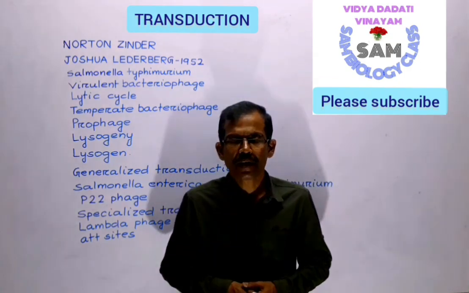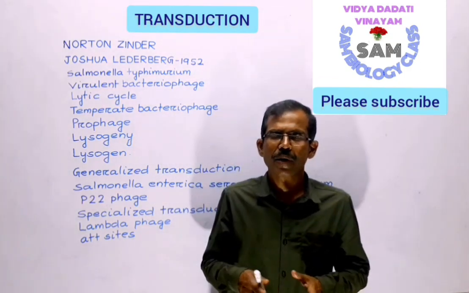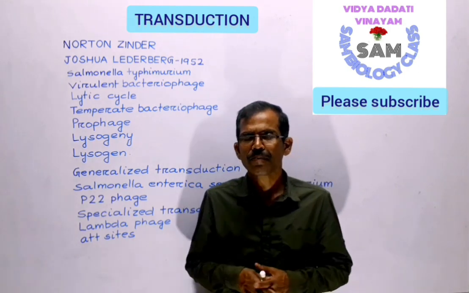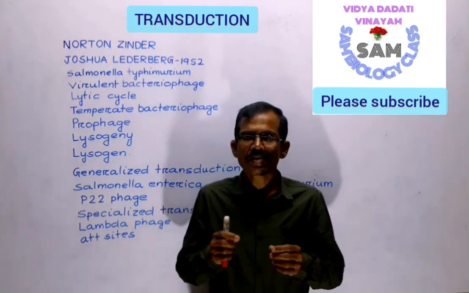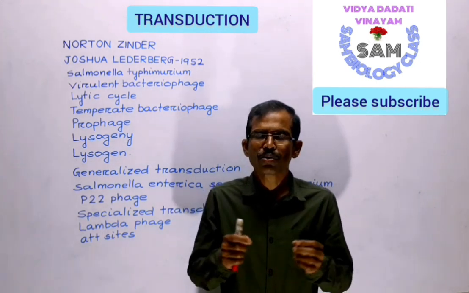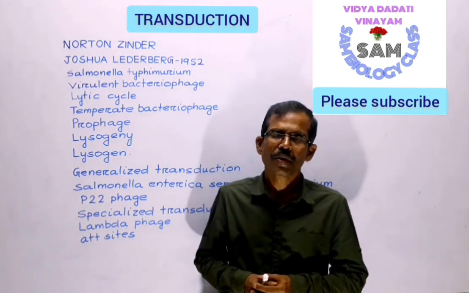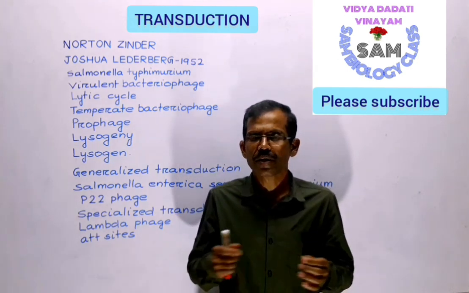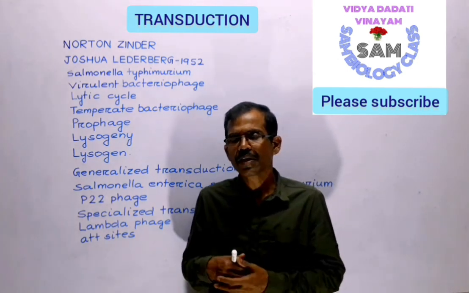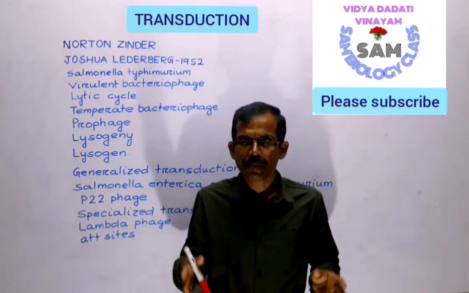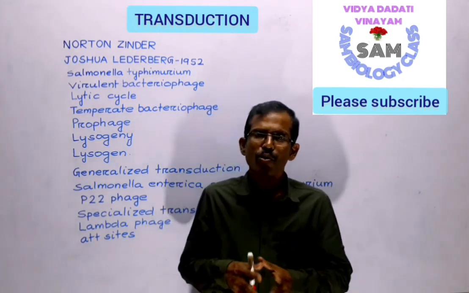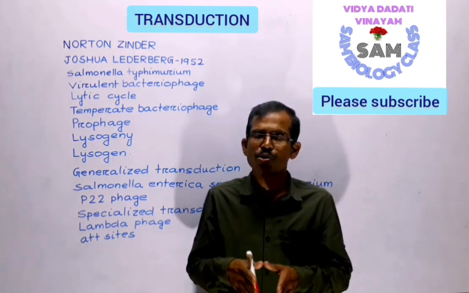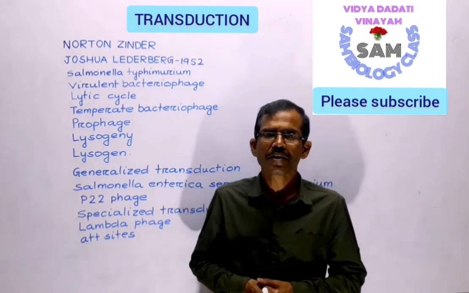On the other hand, temperate bacteriophages do not immediately kill their host cell. Instead, they insert their genome into the bacterial chromosome. This inserted viral genome is called a prophage. The host bacterium remains unharmed by this, and the prophage is replicated passively as the host genome is replicated.